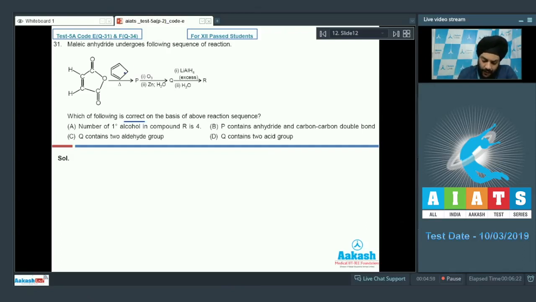If we try and figure out the product P which is formed, we have a diene and a dienophile. This diene and the dienophile can undergo the Diels-Alder reaction. In the Diels-Alder reaction, we're going to have the formation of a cyclic compound. Just going to look at the structure in a while.